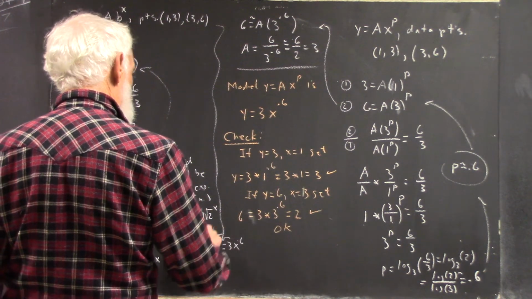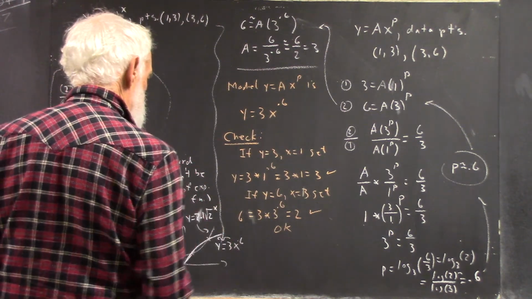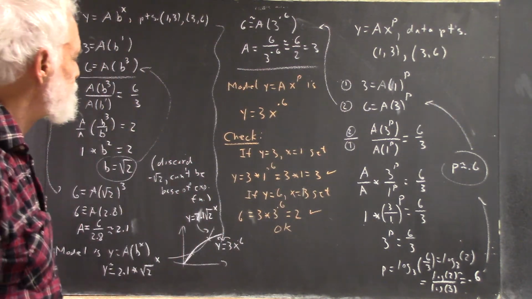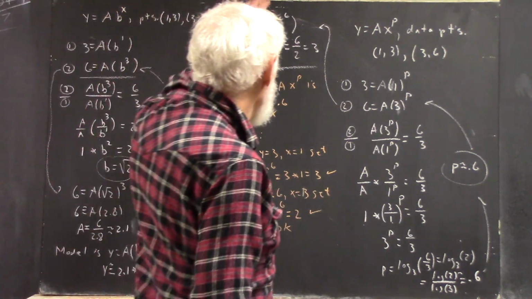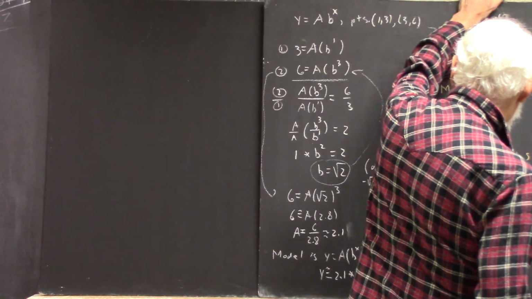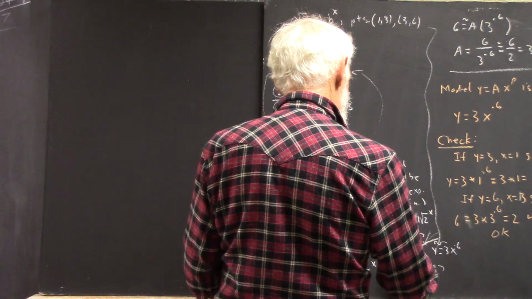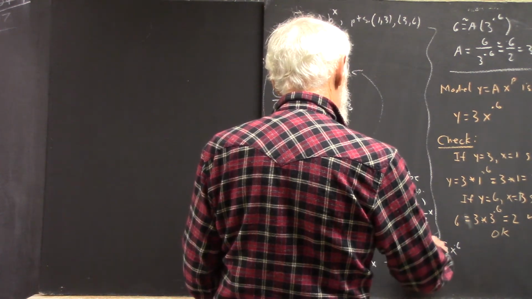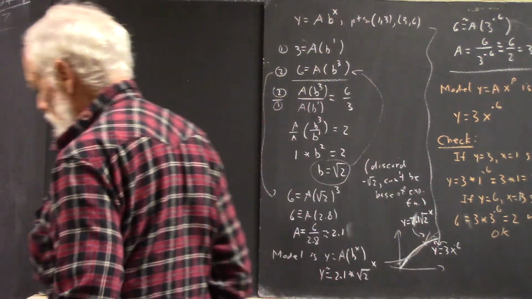Y equals 2.1 times the square root of 2 to the x. There's a linear function, goes through the same 2 points, and we want to look at how that works out. Of course, your linear function will pass through these points, it'll be a straight line kind of in between these. It'll intercept the y-axis somewhere, and we're going to find out where.